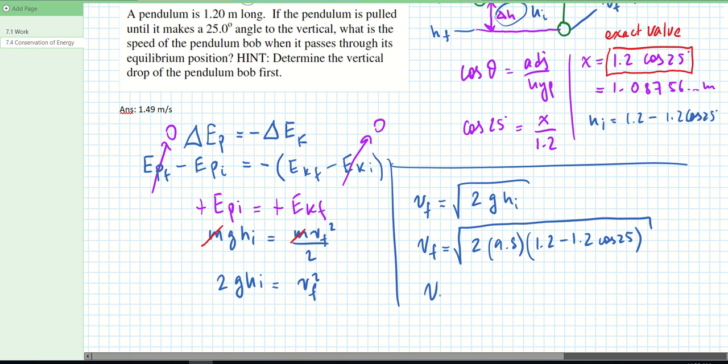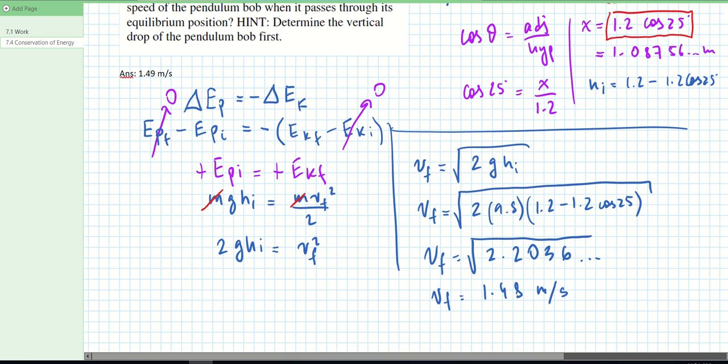Just to show the intermediate steps, this is what I'm getting so far, and I'll use the square root button next to get the final answer, so you can double check your middle steps. Then take the square root of this, and we get vf equal to 1.48 meters per second.